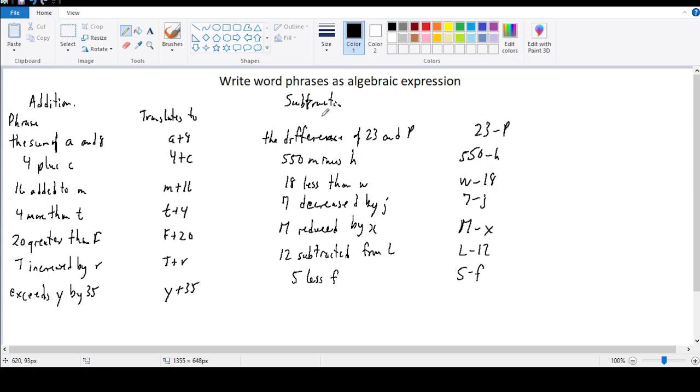So this is for subtraction: this is the phrase, this is how it translates. So that's for addition and subtraction.